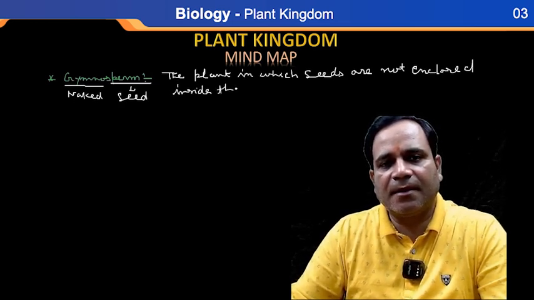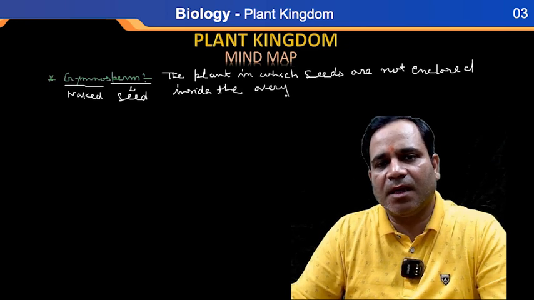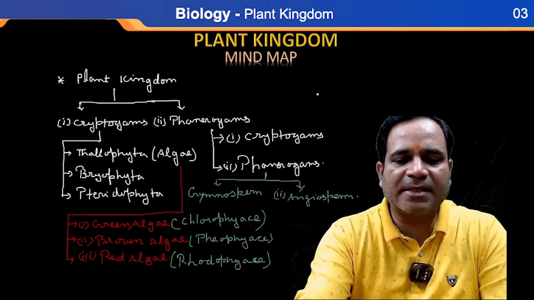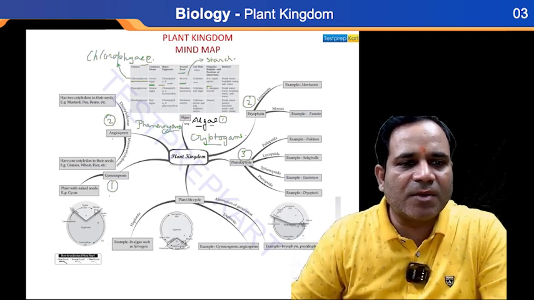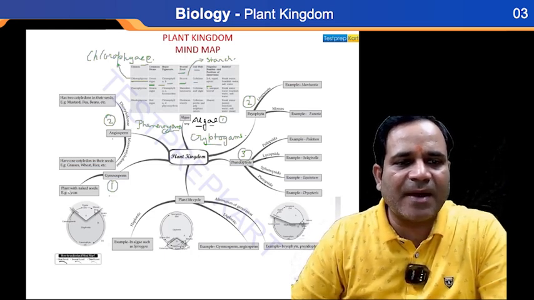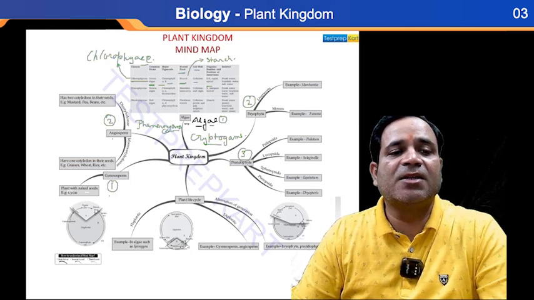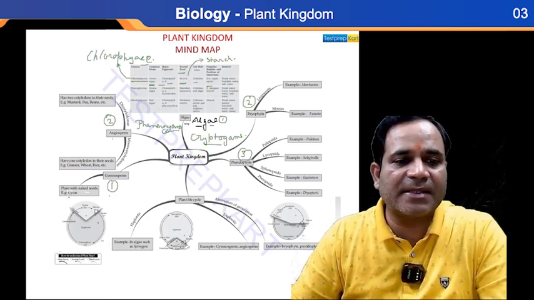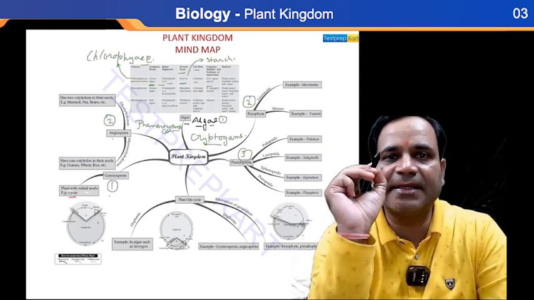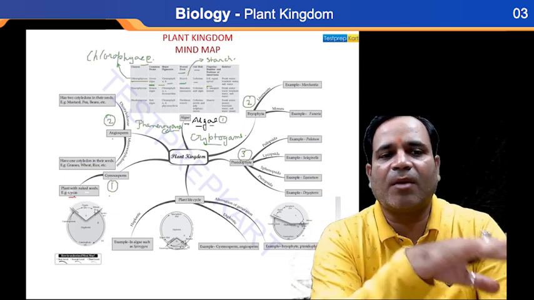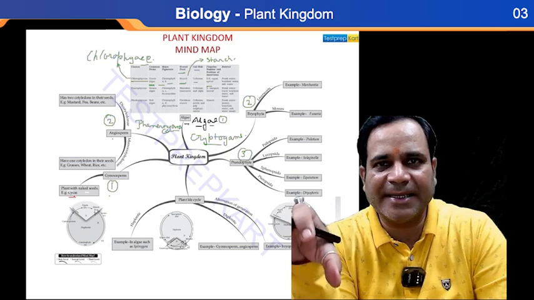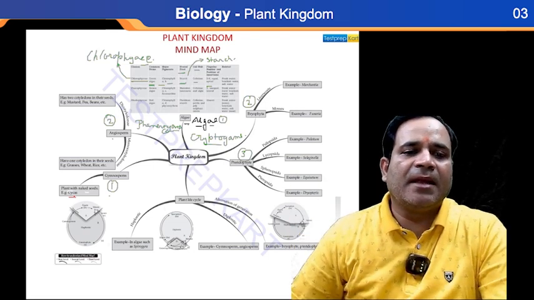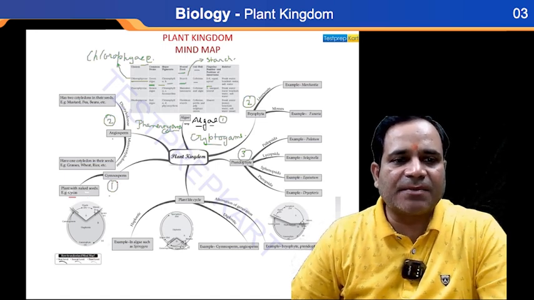So in this mind map, the gymnosperm is the plant with naked seed. Examples are Cycas, Pinus, Cedrus, and Ginkgo. These are all examples of naked seed plants, that is, gymnosperms.